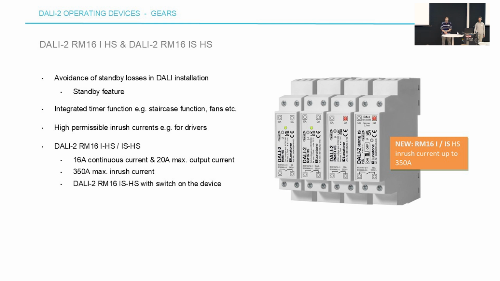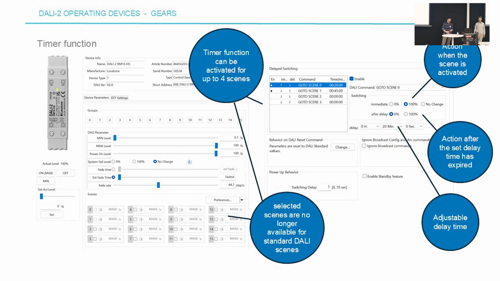It supports up to 16 amperes of continuous current and 20 amperes of maximum output current. And most importantly, it supports 350 amperes max of an inrush current, making them suitable for switching LEDs or high loads with high startup currents.